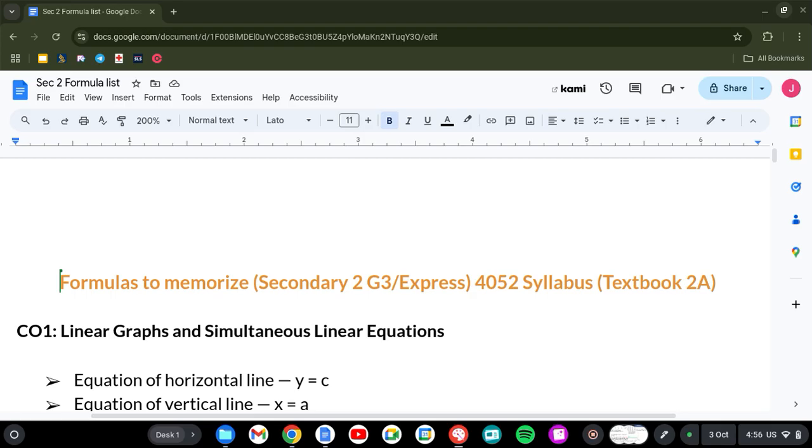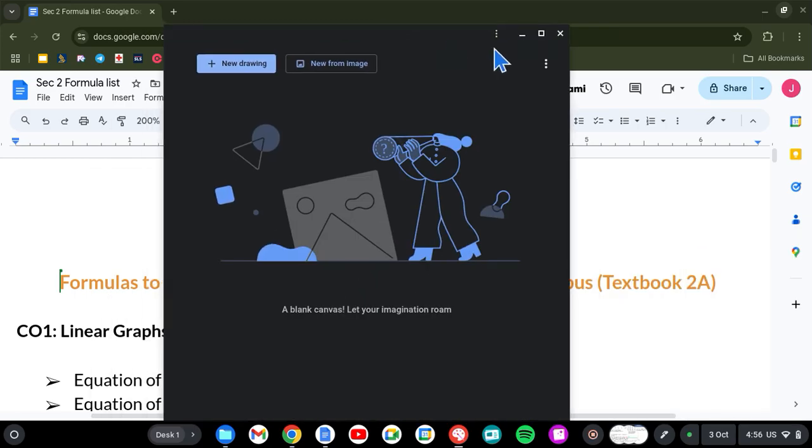Now horizontal line means that it's like this. Okay, let's say this is the graph paper.